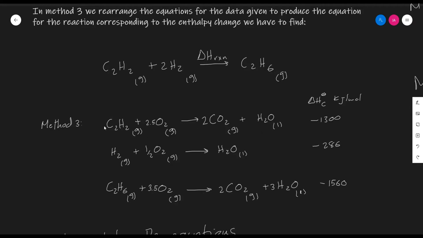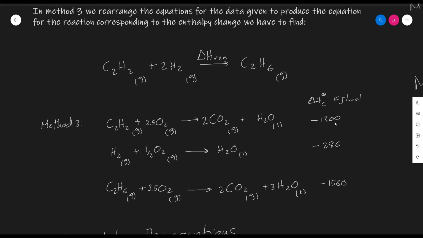It's when 1 mole of C2H2 undergoes complete combustion to form CO2 and H2O. This is the definition for the enthalpy change of combustion of 1 mole of H2 gas to form H2O. There's no CO2 gas formed here since it's only H2. There's no carbon atoms in the reactants. And this is the enthalpy change of combustion per mole of C2H6 to form CO2 and H2O, and these equations have been balanced.